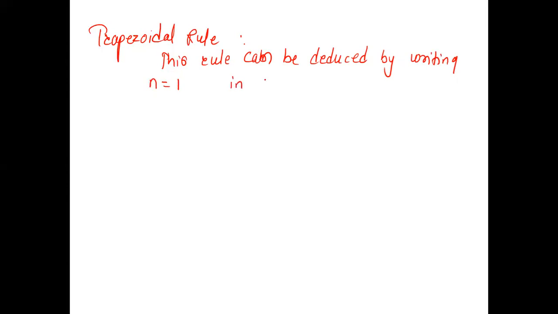This rule can be deduced by substituting n is 1 in equation 1, that is, in Newton-Cotes formula. If you put n is 1, we get the trapezoidal rule.